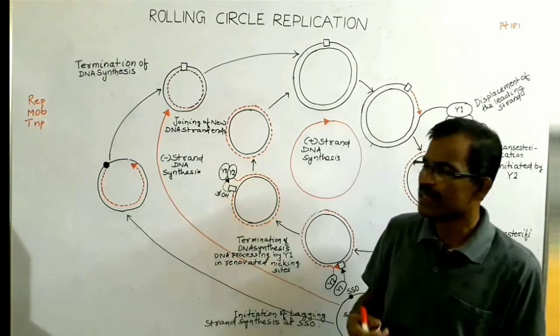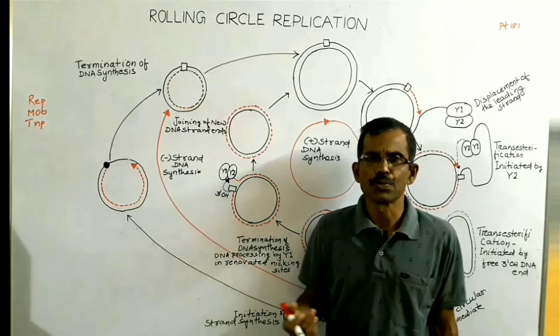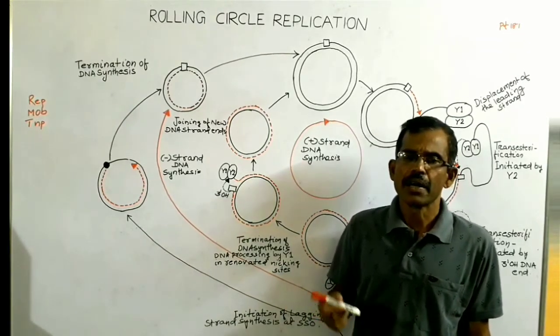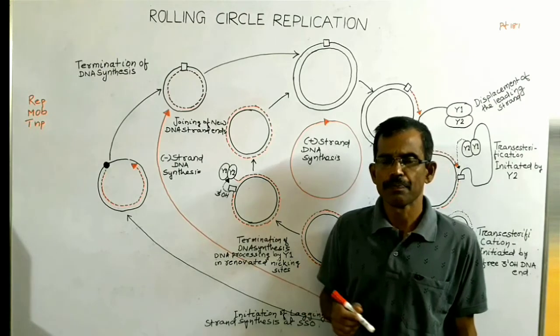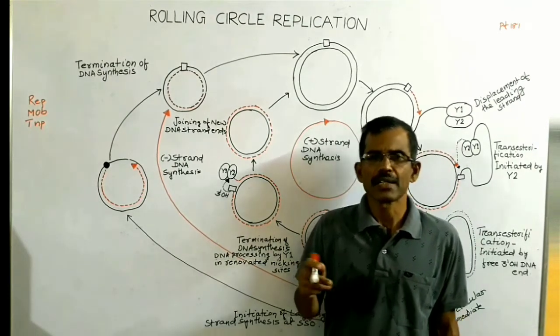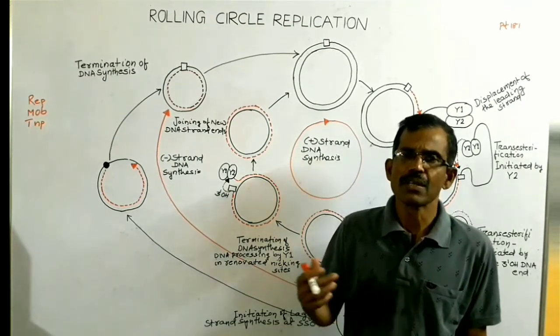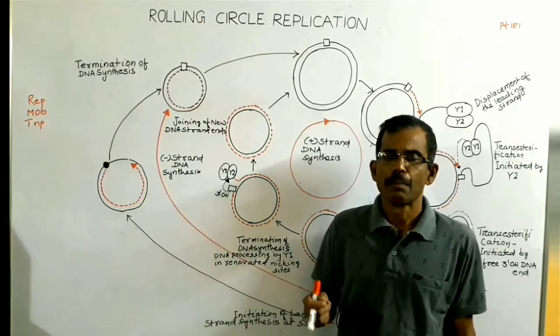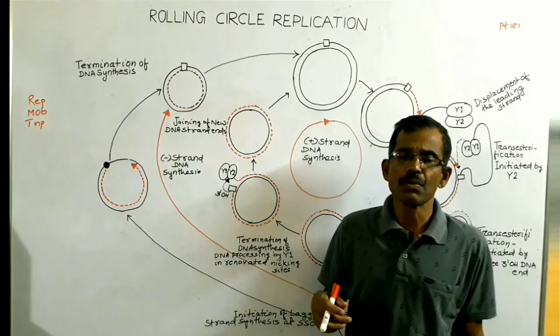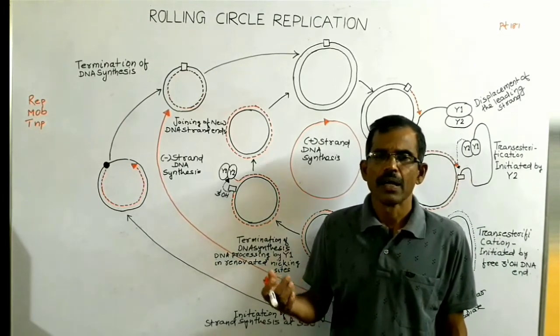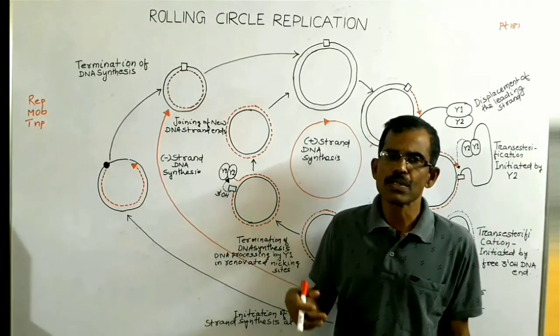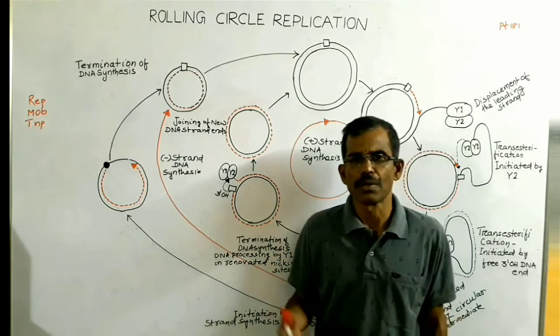RCR proteins are divided into three groups. They are Rep protein, MOB protein, and TNP protein. Rep protein is responsible for vegetative replication. MOB protein is responsible for mobilization for conjugal transfer, and TNP protein is responsible for transposition.